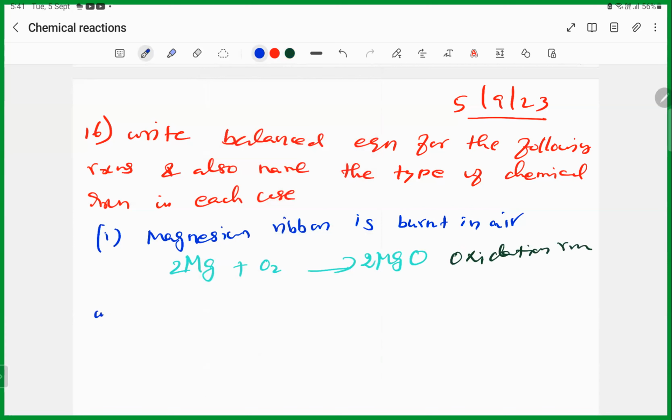Second one, limestone is heated. What is the equation? Sir, calcium carbonate gives calcium oxide plus carbon dioxide.